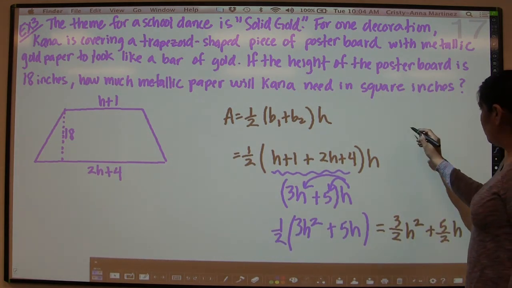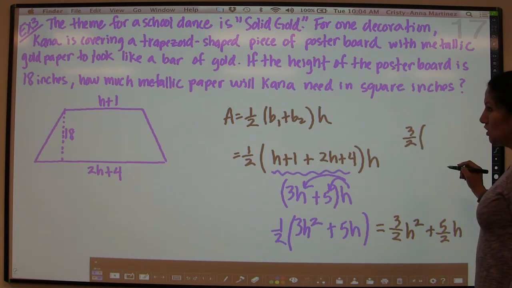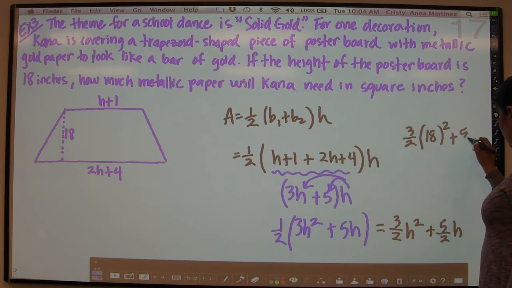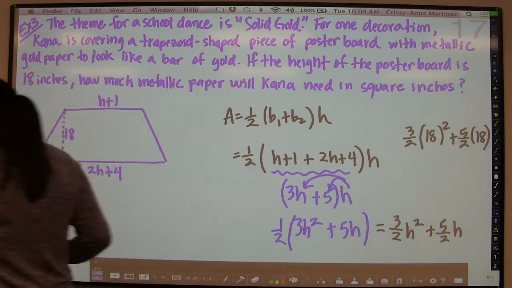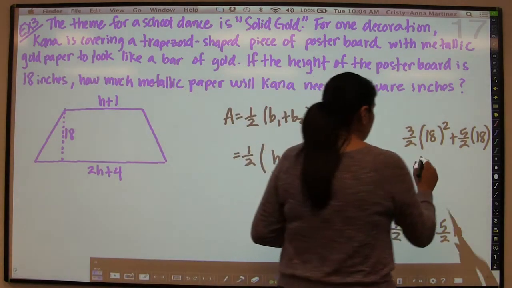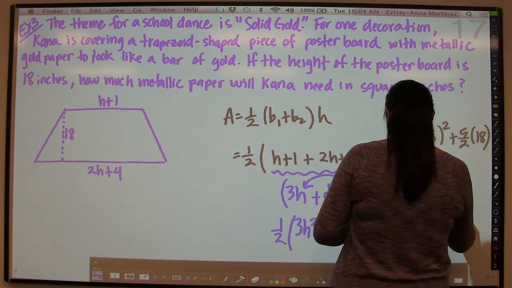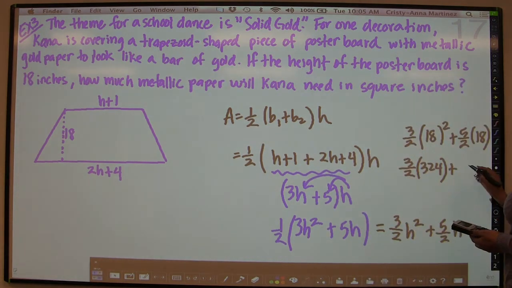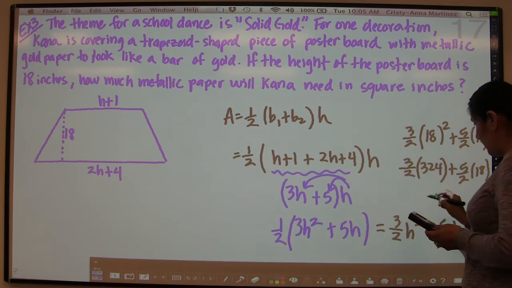So we're going to go 3 halves, and h is 18, plus 5 halves times 18. So 18 squared is going to be 324. So 3 halves times 324. And then we have 5 halves times 18. So 324 times 3 halves is 486.